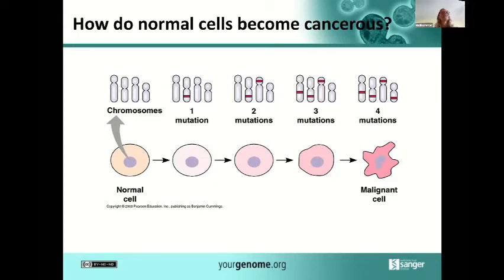So it's an accumulation of lots of mutations, which is why more people get cancer at an older age than younger people, because the older you get, the more mutations you have in your DNA, just because you've had more exposure to environmental factors that can damage your DNA, and your cells are not quite as good at repairing. The older you get, they sort of slow down as well.